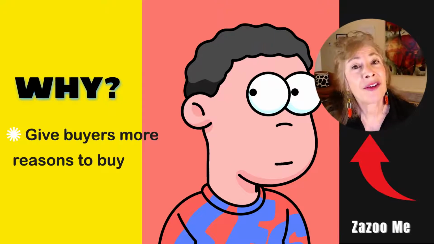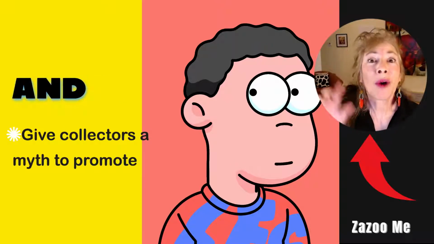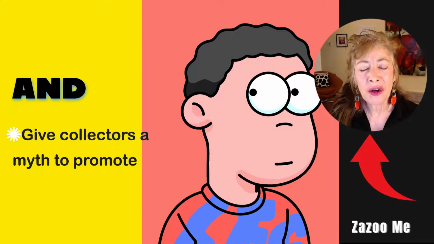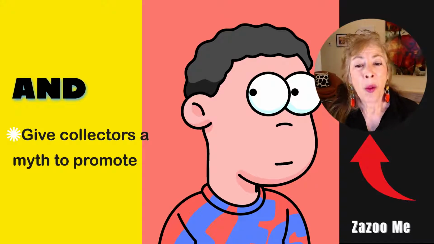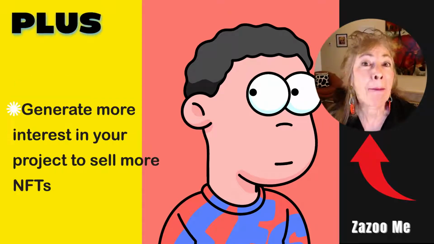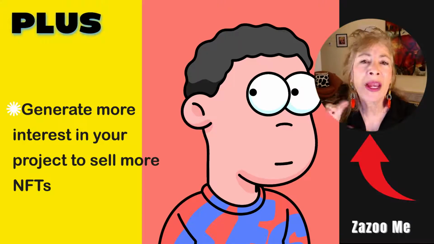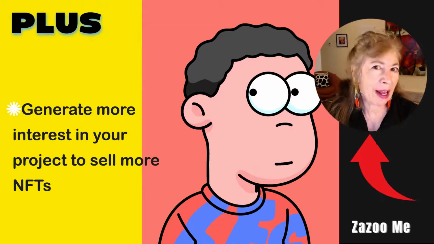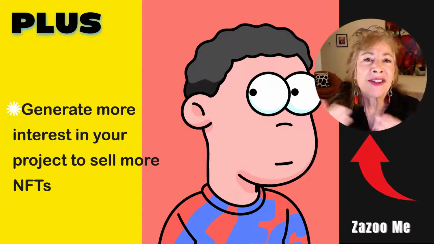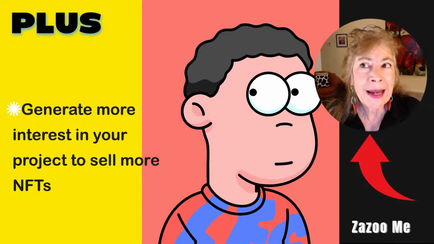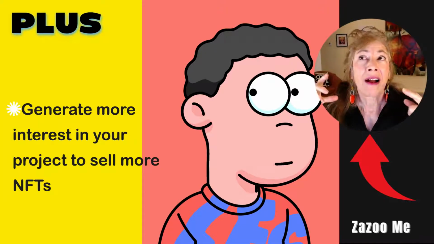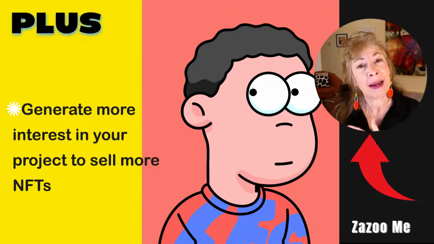You want to give buyers even more reasons to buy your collection. You want to give collectors what I would say is sort of like a myth to promote about the collection, because when people start collecting, it's sort of like Bored Ape Yacht Club. There's this story behind the Bored Apes and their club that everyone can meet at.